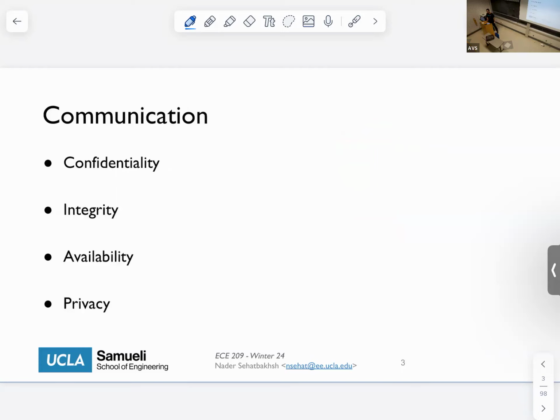In communication, similar to many other instances of security, the problem is confidentiality, integrity, and availability. And of course, there are also privacy issues with communication, because when we talk about wireless, it means that everybody else can observe things. It's no longer a local thing. Everybody else can see our communication or our activities.